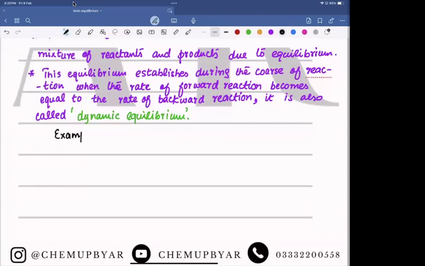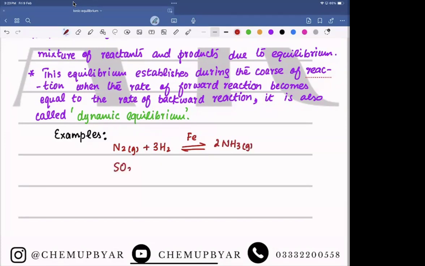Two examples of this dynamic equilibrium you have studied in your O levels. One is the reaction of nitrogen with hydrogen, with iron used as a catalyst, forming ammonia gas.